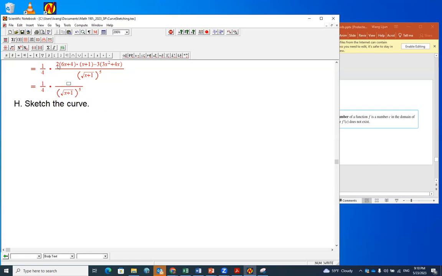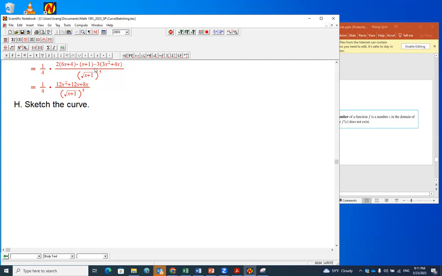So we have a 2 times, so 6x times x, that's 6x squared. 6x squared times 2, that's 12x squared. 6x times 1, that's 6x, times 2, that's 12x. 4 times x times 2, that's 8x.